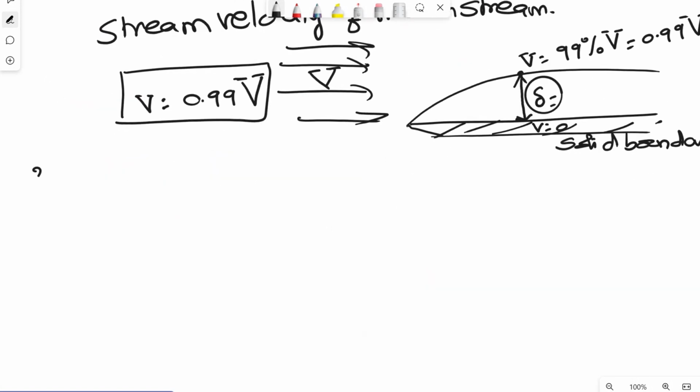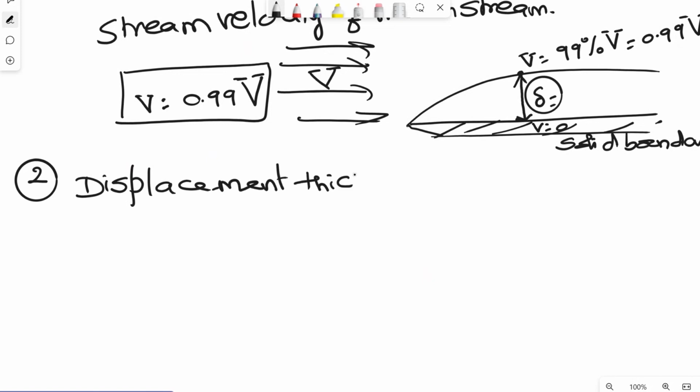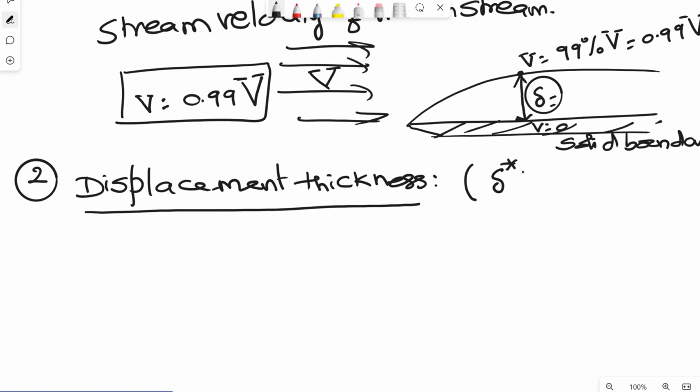Then the second one is displacement thickness. The displacement thickness, momentum thickness and energy thickness equations are very, very important because they show how the velocity variation takes place. What is displacement thickness? It is denoted by delta star.